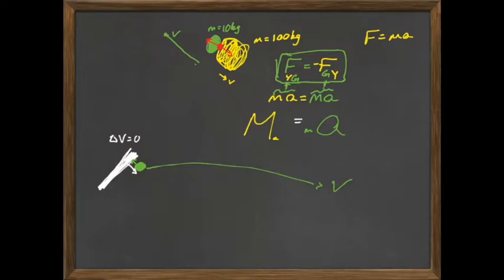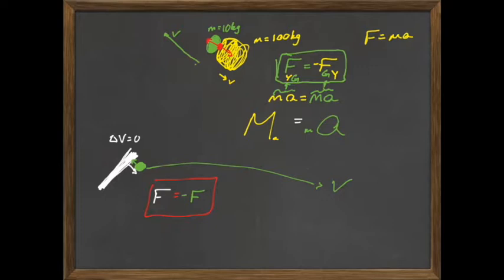Does that mean the bat applied more force on the ball, or did the ball apply more force on the bat? Remember, it's always true that when two objects are interacting, their forces must be equal and opposite to each other. That is always, always, always true, no matter how the question asks it.